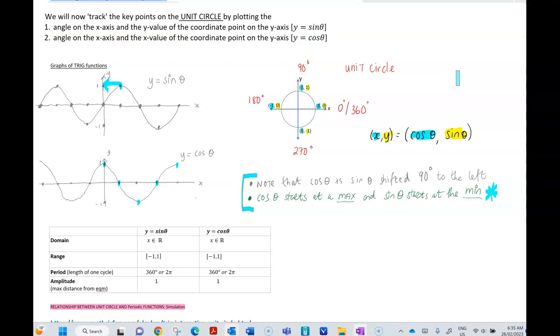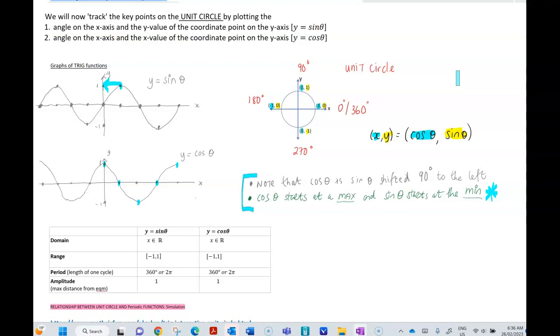And remember, we are going to look at transformations as well, where the graph moves all over on the Cartesian plane. But that's a really key thing to look at. Does the graph start at 0, at an equilibrium point, or does the graph start at a maximum point? So that's how you would be able to differentiate between a sine graph and a cos graph.